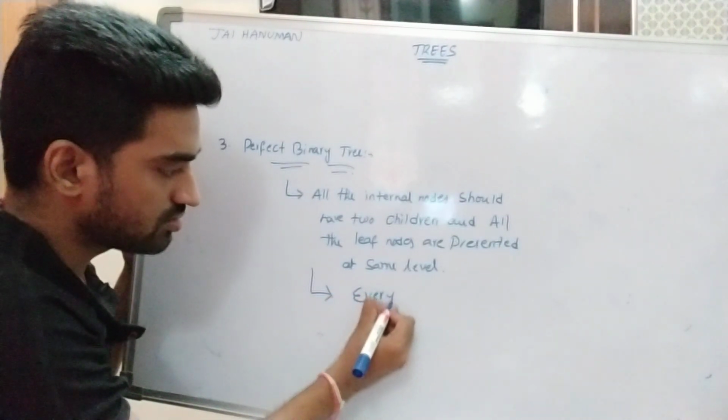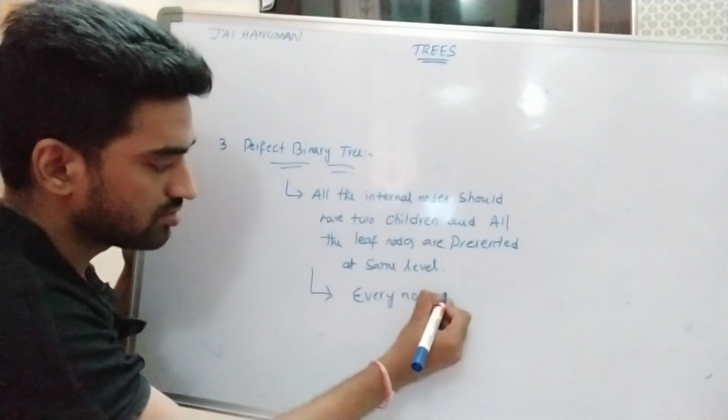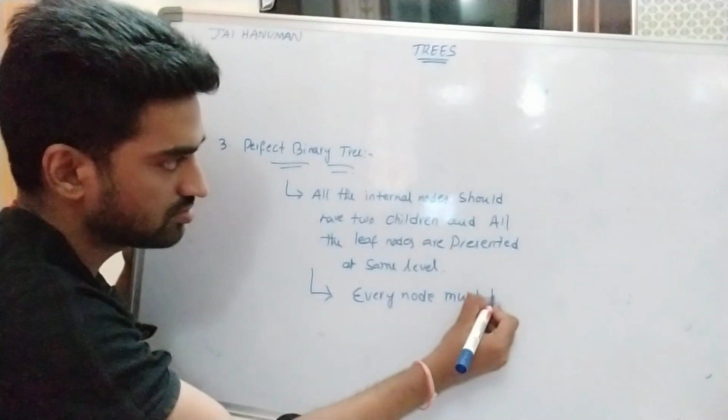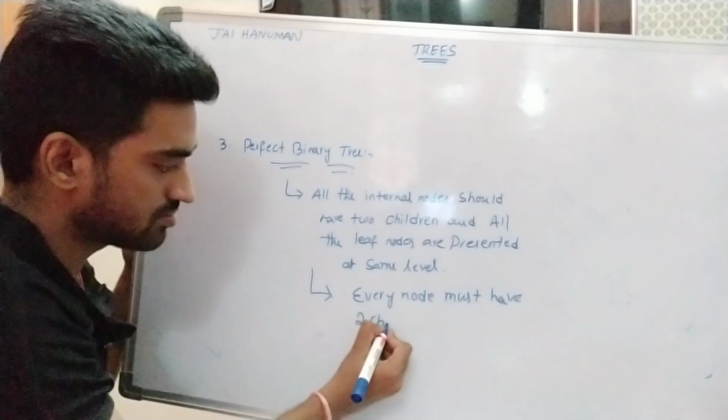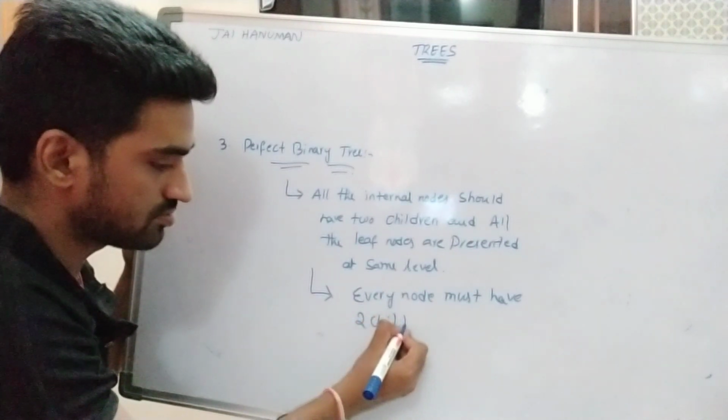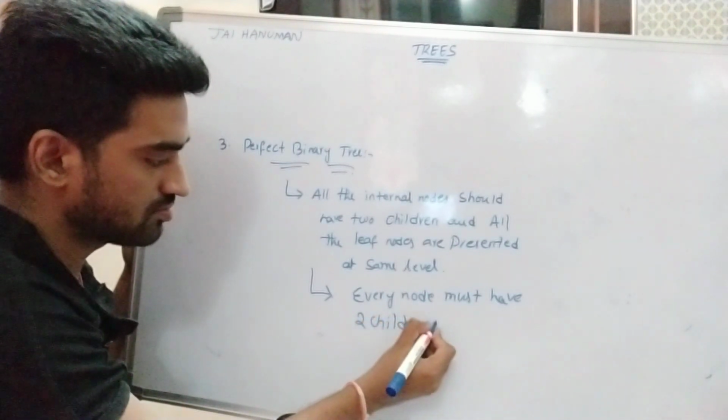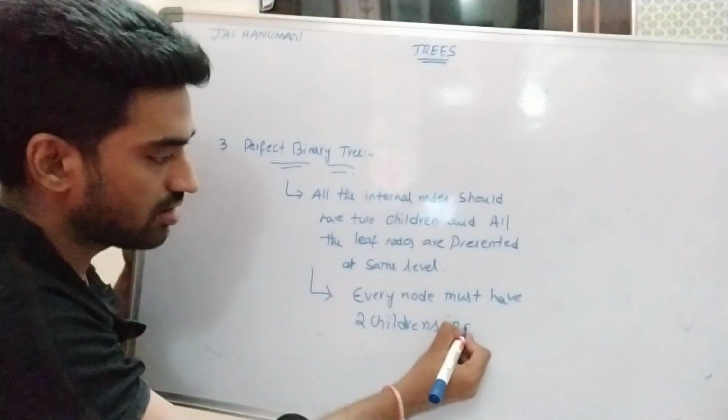Or we can write one more definition. Every node must have two children in all levels.